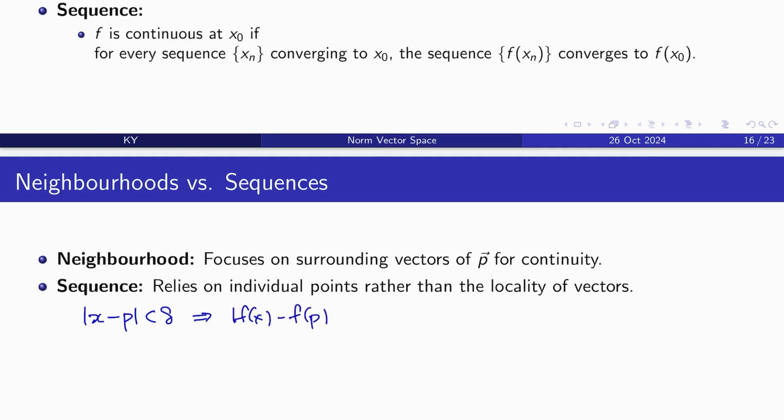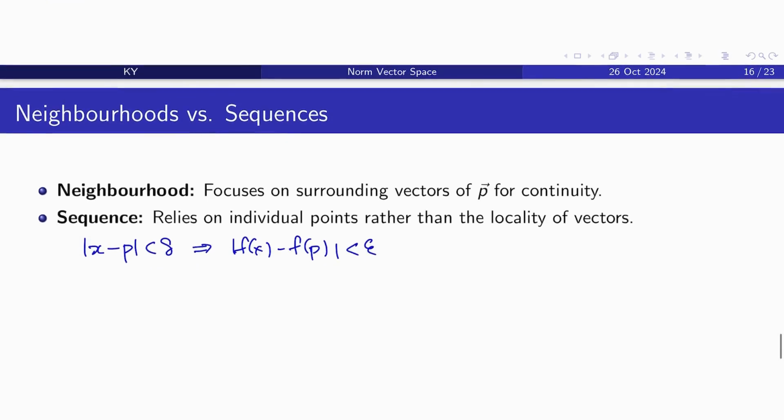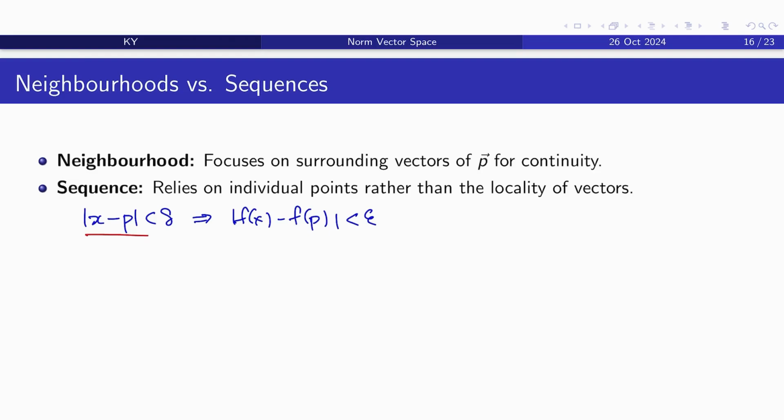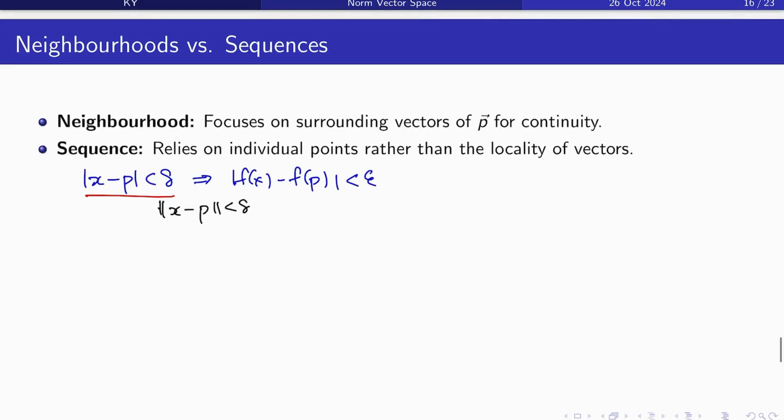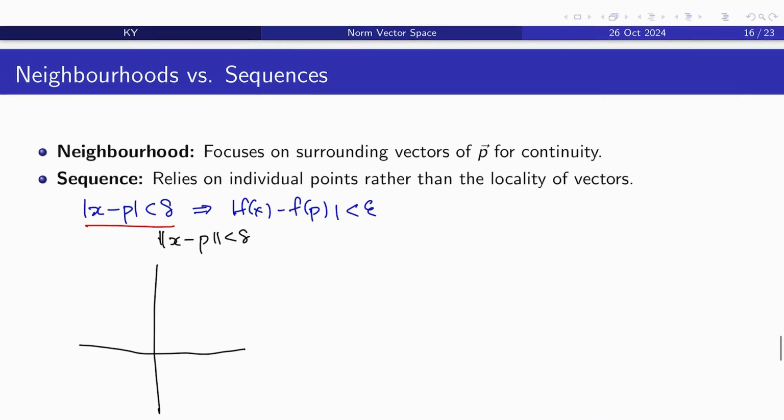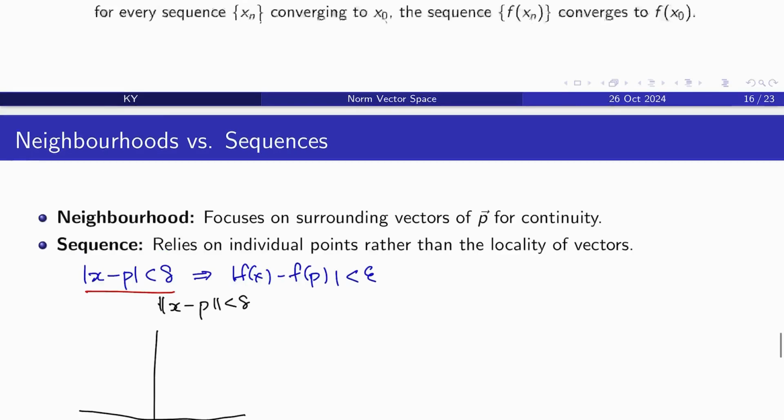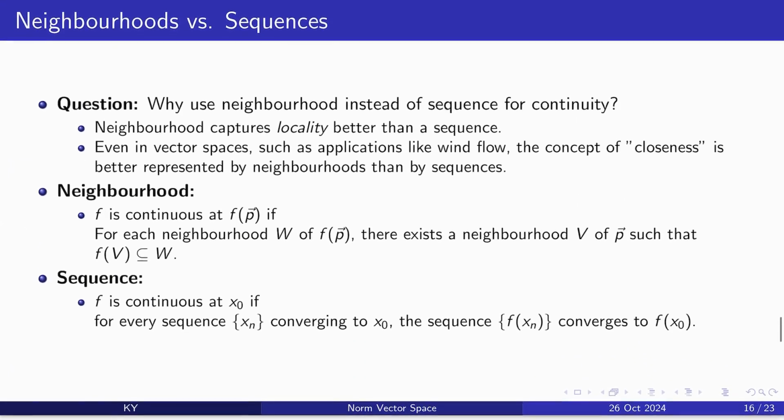Then the absolute value of f of x minus f of p is less than epsilon, right? If you just focus on this guy, in our case, we're defining that as the norm of this, right? But in the same case, you see that neighborhood expresses your locality better.